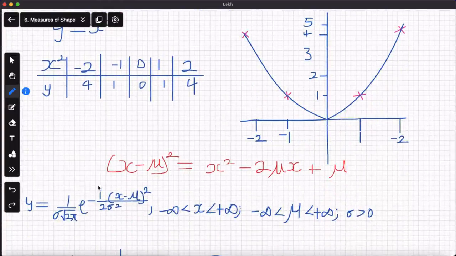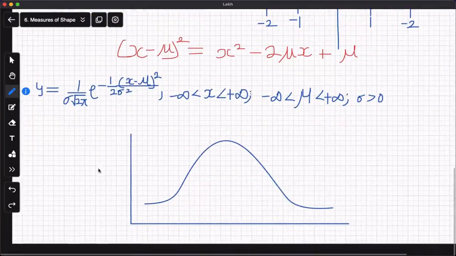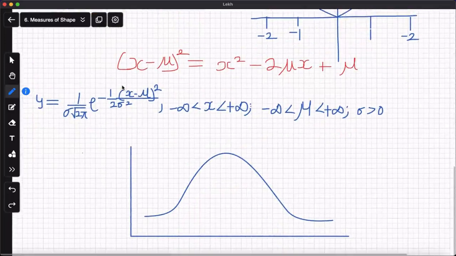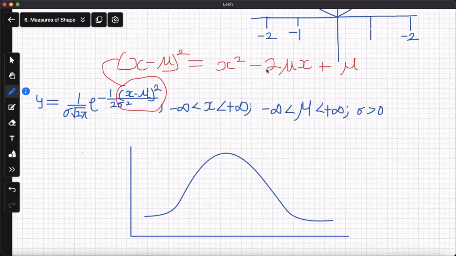But in the case of a normal distribution, if you open what we have here, you have this. So you can see that it is actually a quadratic function. But this time around, we are saying e raised to the power of all of what you can see here.